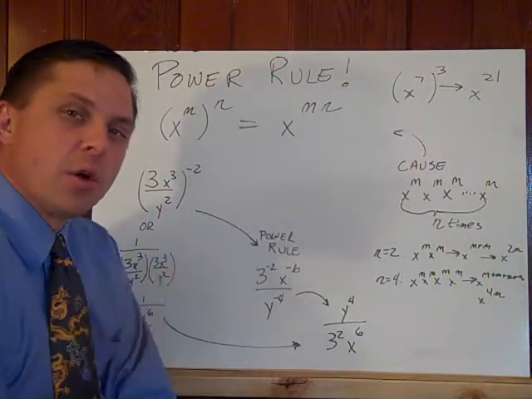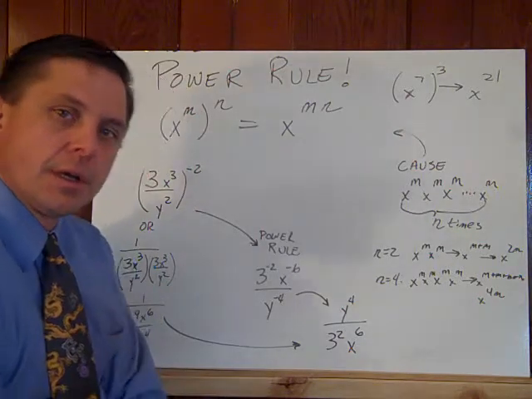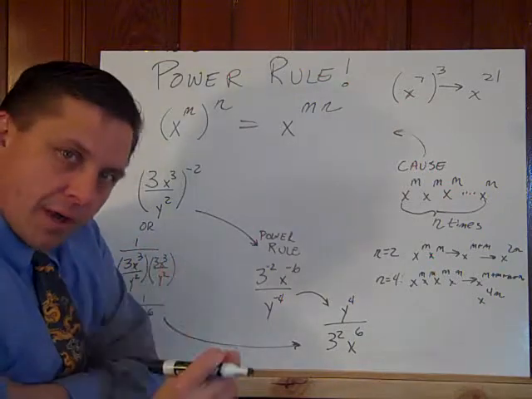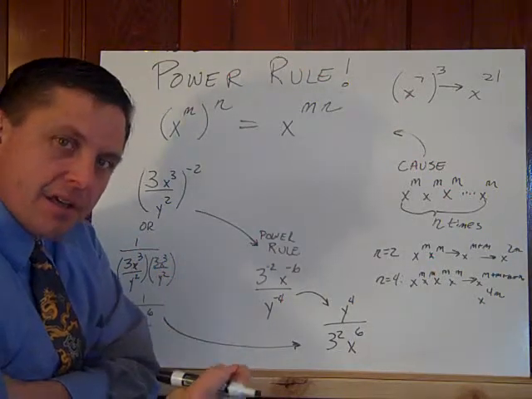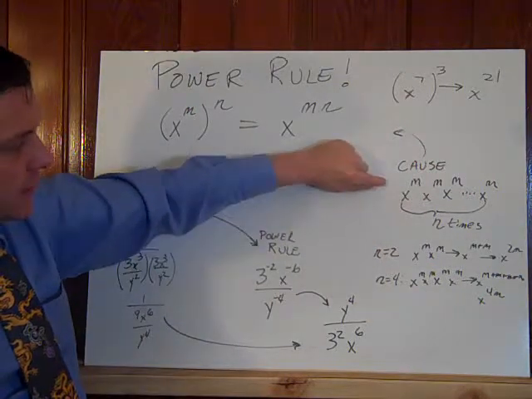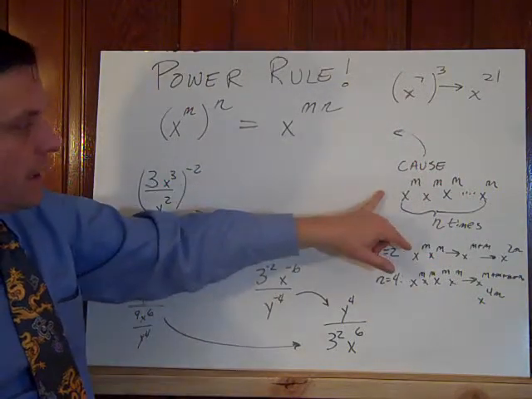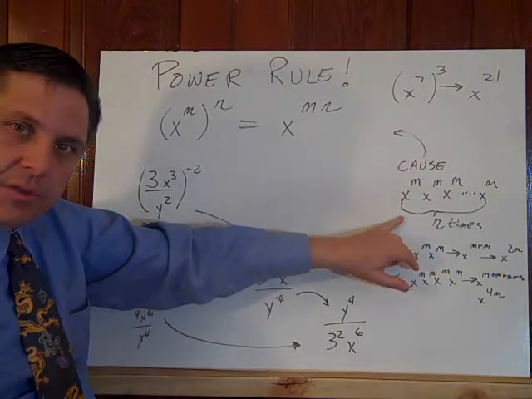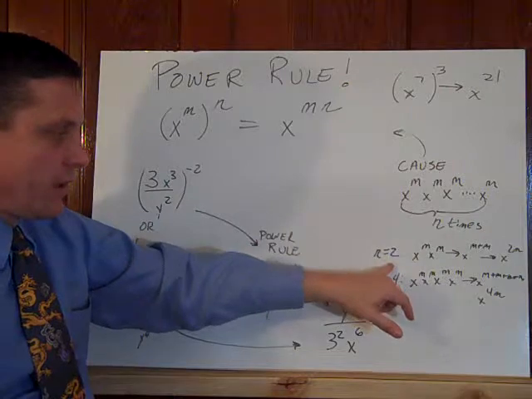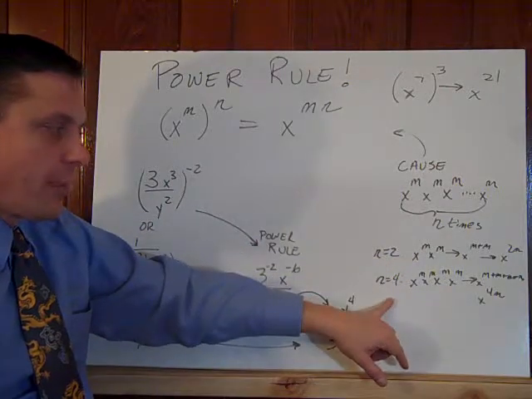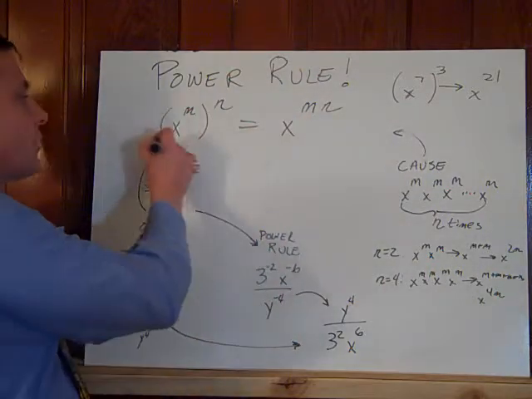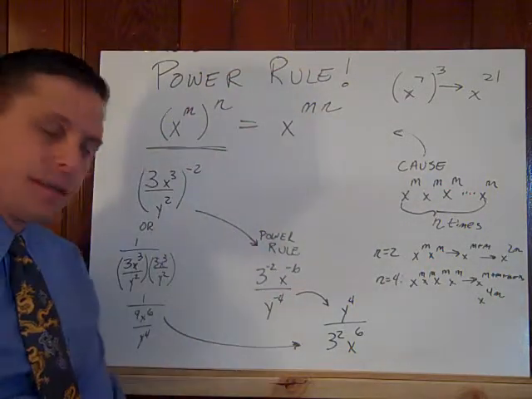The exponents multiply. A power to a power is multiplied, not to be confused with the product rule, where you add the exponents. I show over here some reasons you could look at, because x to the m done n times is nm, or mn. I did it for n equals 2, and for m equals 4. It comes down to this: you can multiply the exponents when it looks like this.